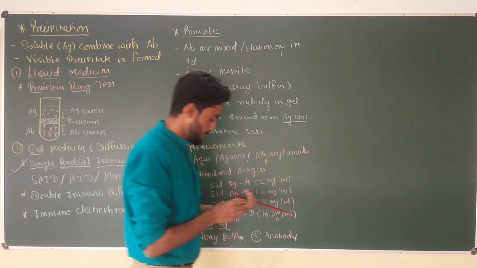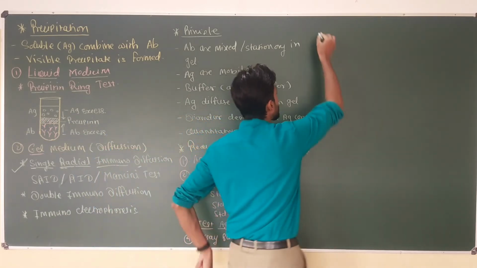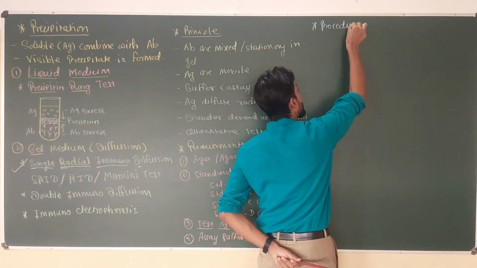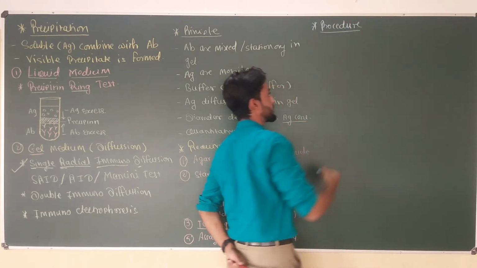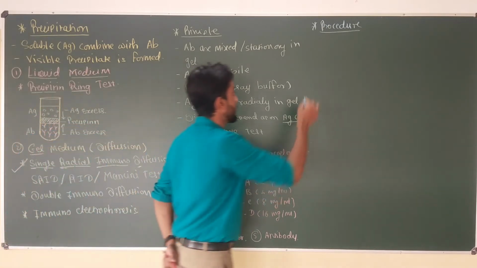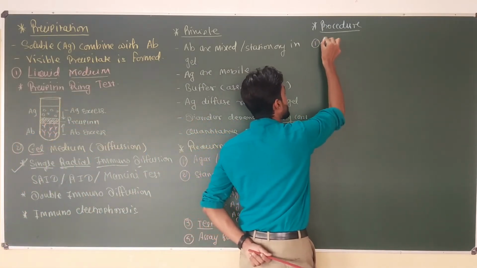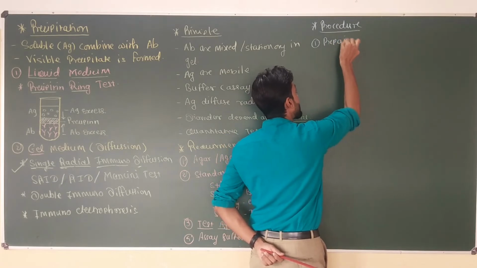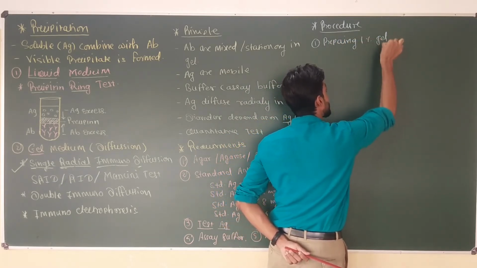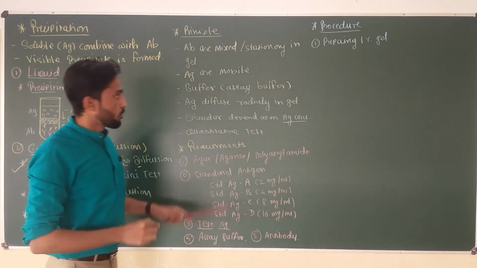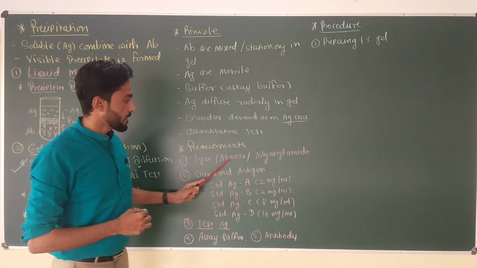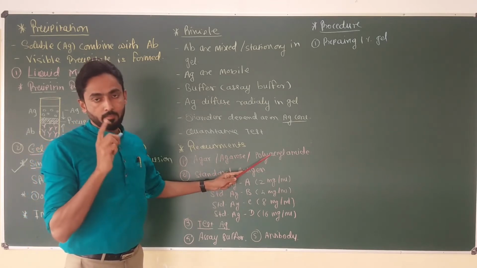Now I'm going to discuss the actual procedure of this practical. The first step is preparing 1% gel. You have to prepare 1% gel using agar, agarose, or polyacrylamide powder.